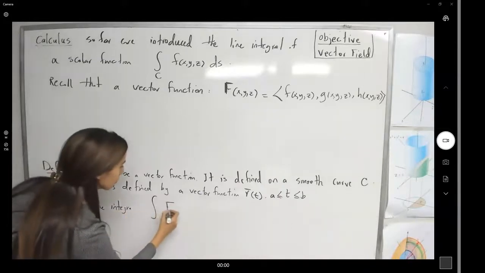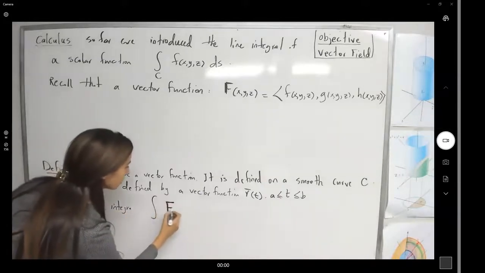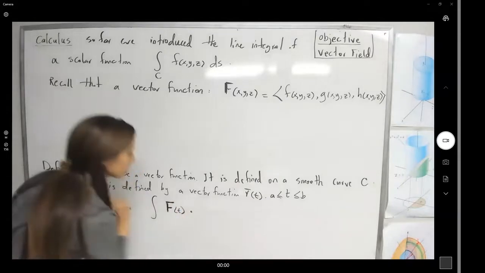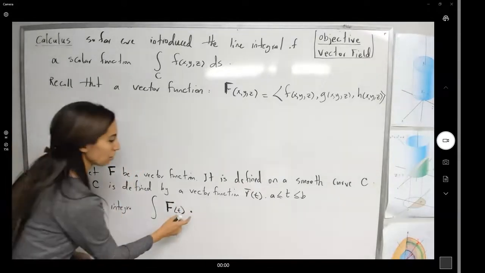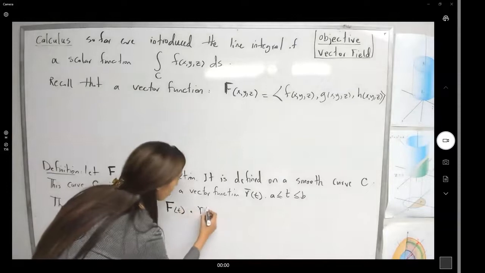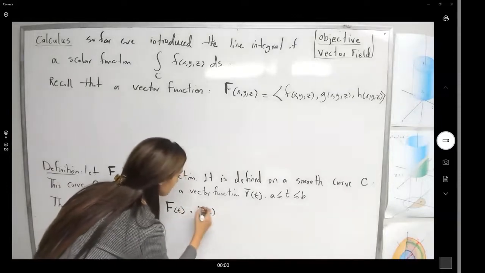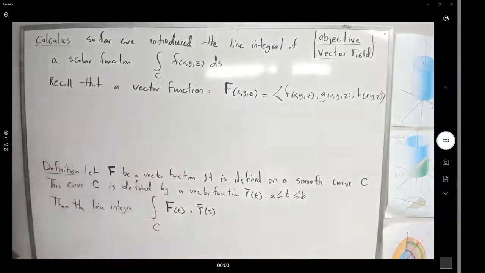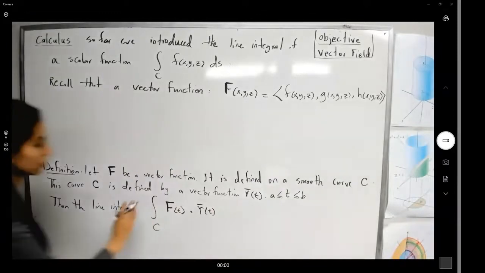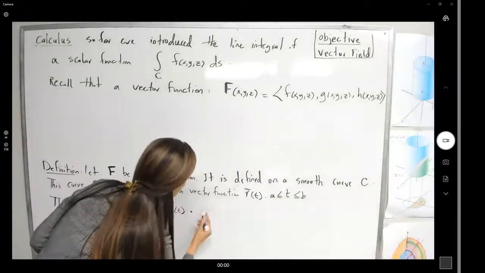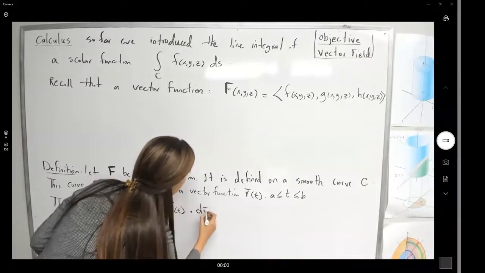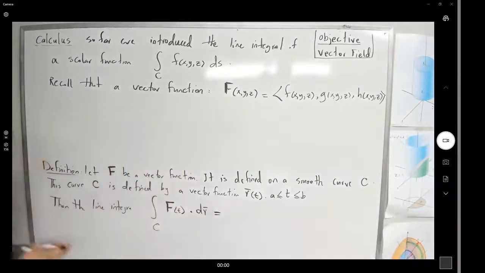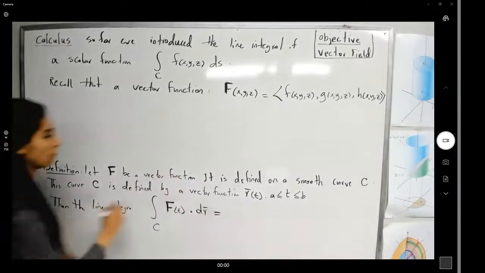of F dot dr, guys, note that this is a dot product, over curve C, is defined as, well, F of r of t.